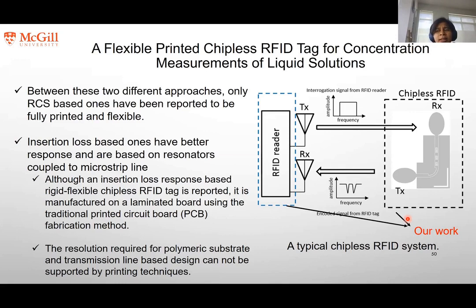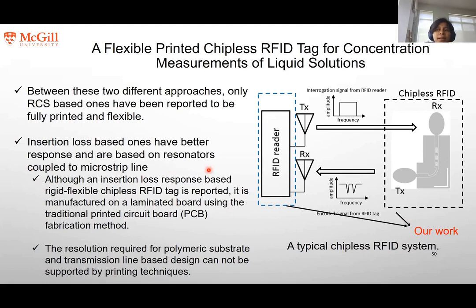But the difficulty with the insertion loss based design is this: if we go for a microstrip line based design, the resolution we want is very difficult to achieve, and the thickness of the deposited material that we want cannot be supported by a single printer. That's why if you look into the literature, you will not find many examples.